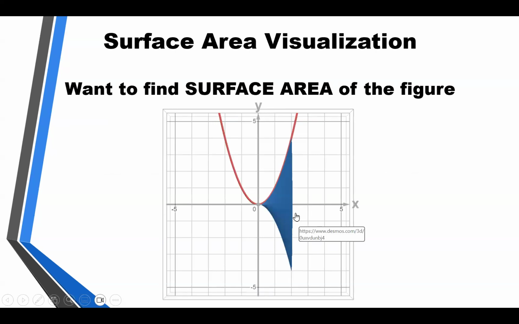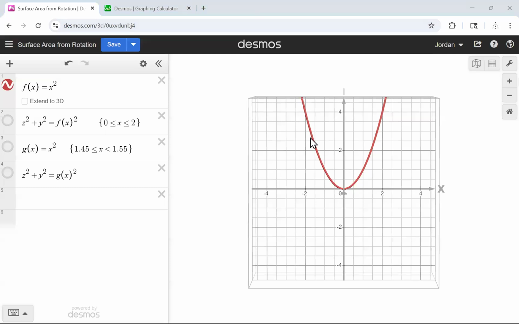So let's take a look at how this works. I have graphed y equals x squared in the xy plane here. Let's say we take a section of that curve. Let's say the section goes from 0 up to 2, so x equals 0 to x equals 2.